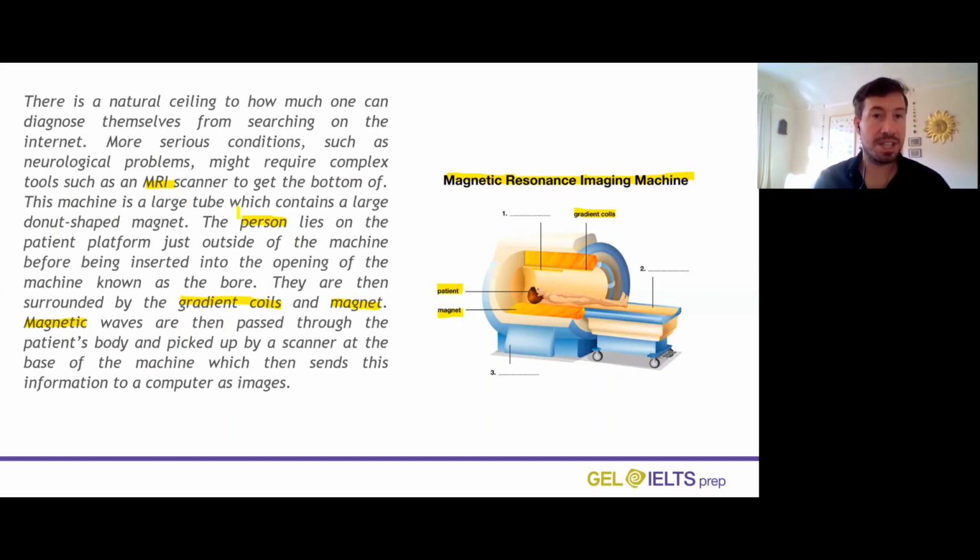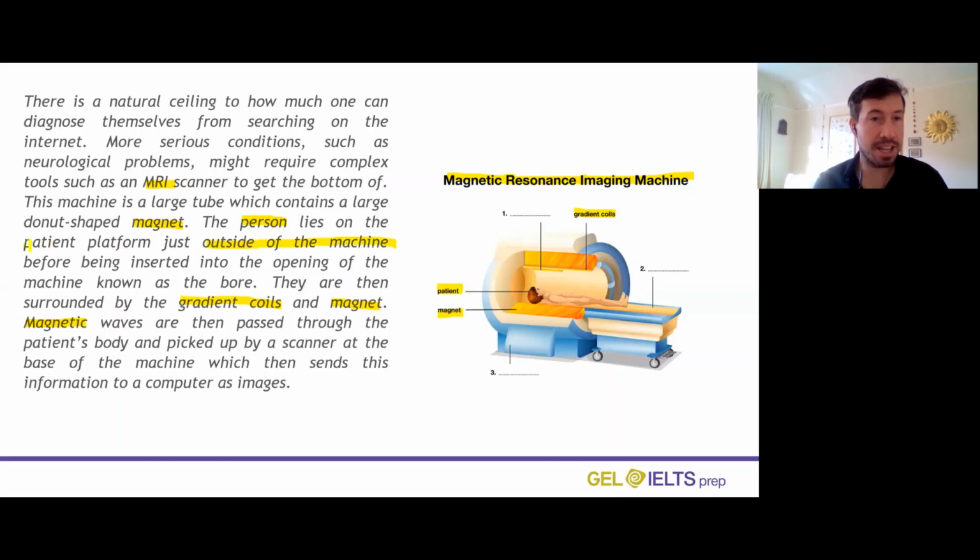So it says this machine is a large tube which contains a large donut-shaped magnet. Again, we've got magnets here. That's that bit around there. The person lies on the patient platform. The person's lying here, just outside of the machine. So we can see this is outside of the machine.